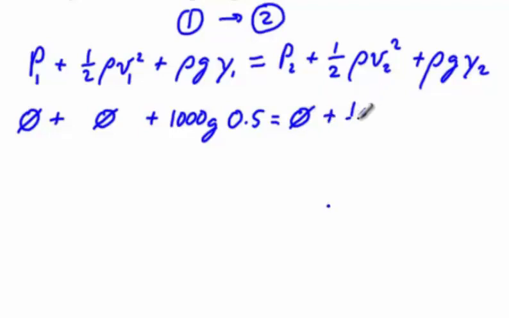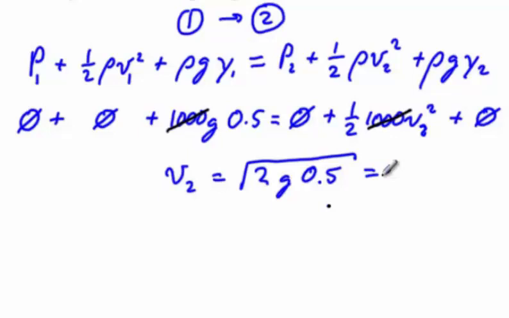It certainly has a velocity at this point, but this is the location at which we've called the height equal to 0. The density, 1,000 kilograms per cubic meter, will cancel on both sides of this equation, yielding the simple result that velocity at location 2 is the square root of 2g times 0.5, which gives 3.13 meters per second.